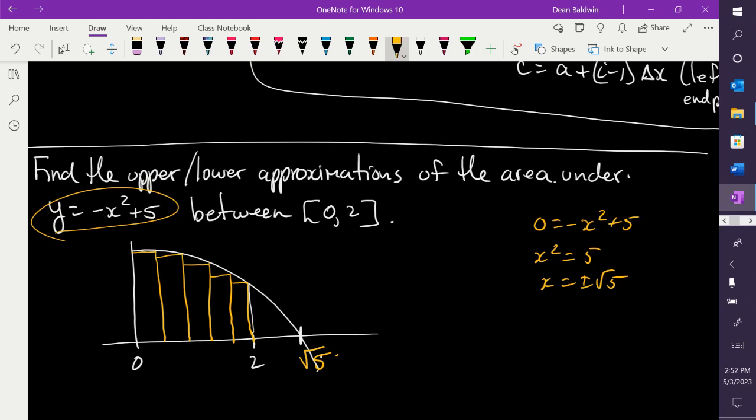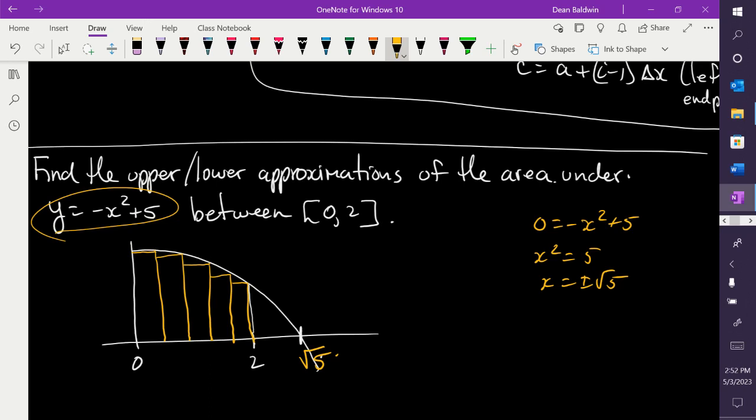Okay? Why is it 5? Because it's plus 5, right? Oh, I see, you mean how do you know how many rectangles? Didn't I write that?